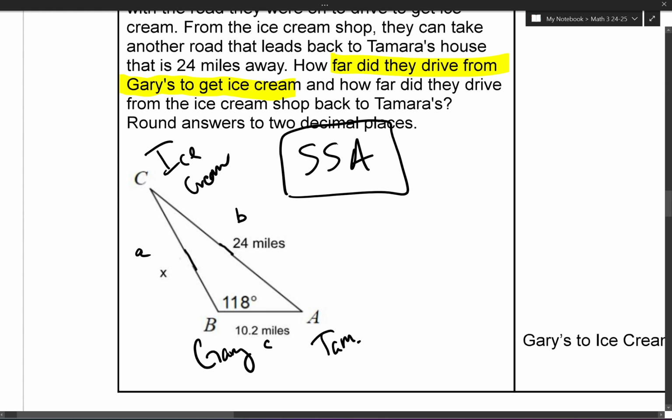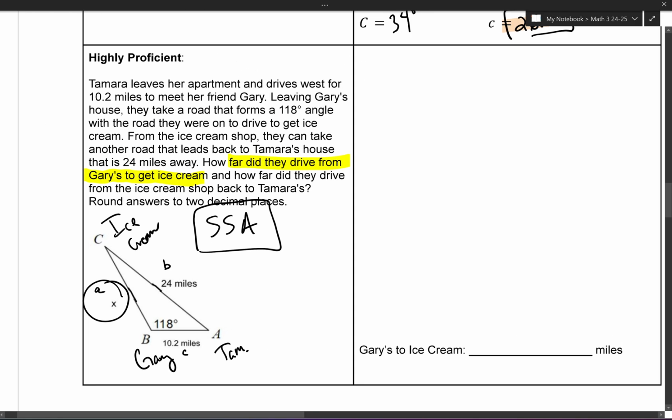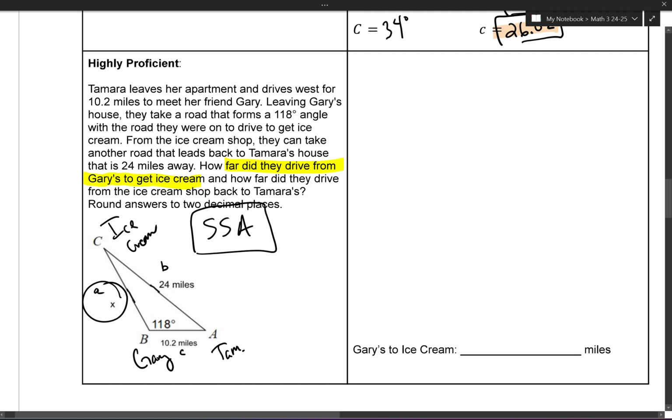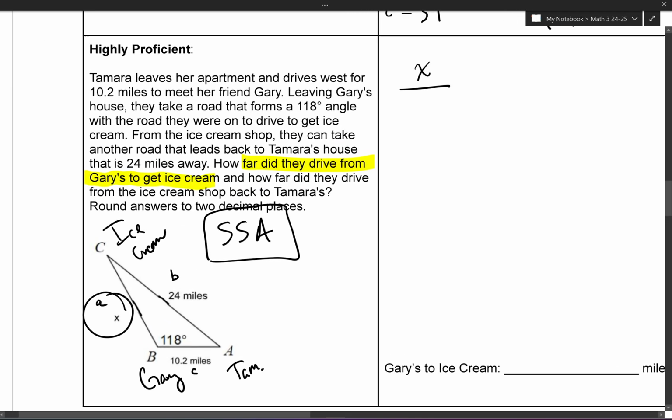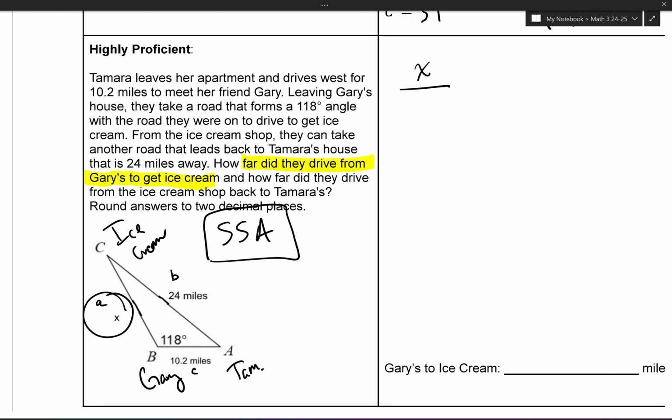So we want to find that distance right there. Well, always start with what you're looking for. So I have x over an angle.